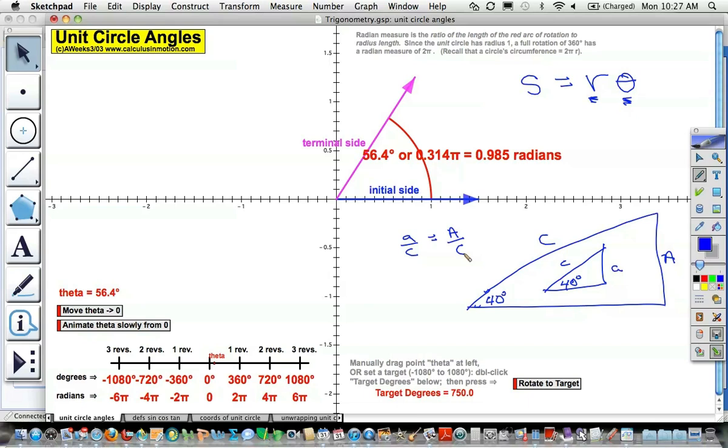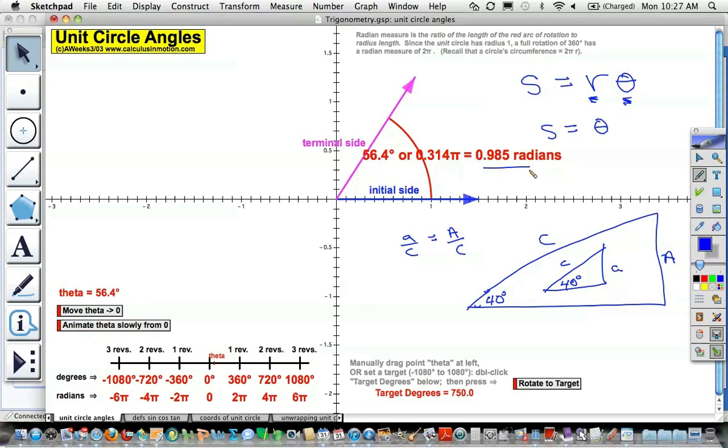They're going to be in the same ratio. So it doesn't matter how big this hypotenuse is. We might as well make it easy on ourselves and let the radius be 1. In that case, the arc length is the angle. So the red arc length is the radian angle.